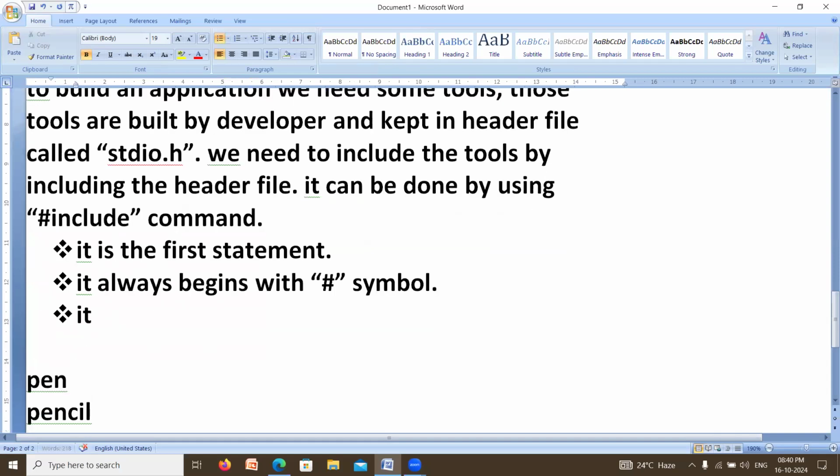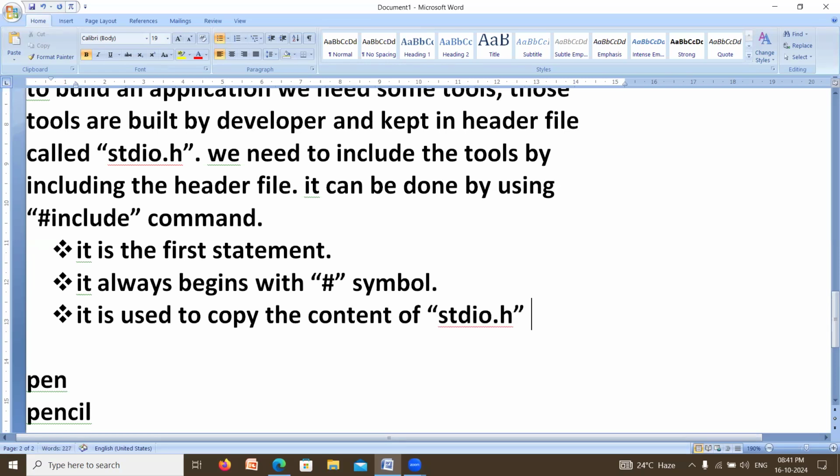What is the use of this? It is used to copy the content of which file? stdio.h file into our program. If you want to copy the content of stdio.h into our program, we have to use hash include stdio.h.